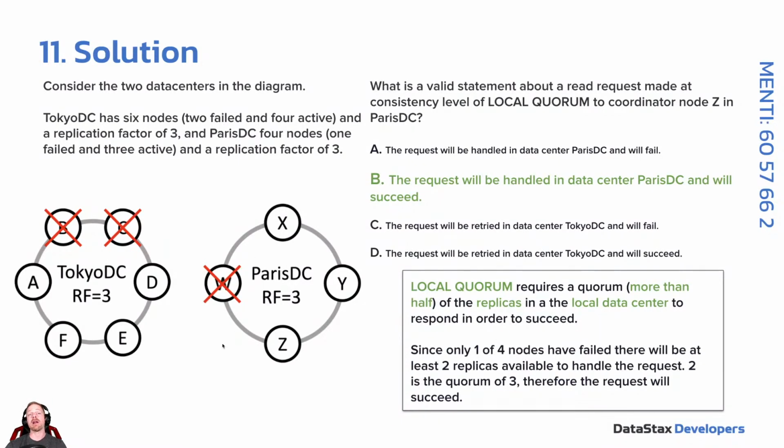In fact, if I was not using the local variant and just using quorum, I would have to achieve quorum across my data centers, which is something a little different. So the key thing to understand is that we are using local quorum against the Paris DC. That's why the correct answer is B: the request will be handled in data center Paris DC and will succeed.